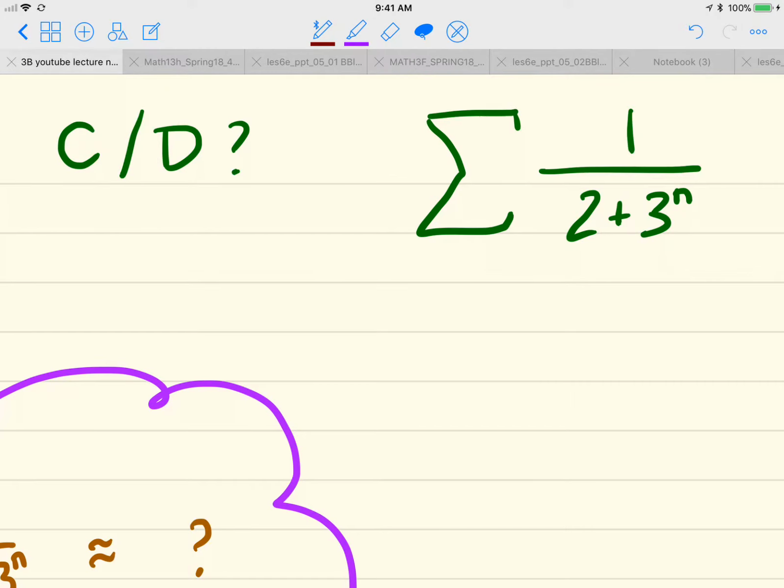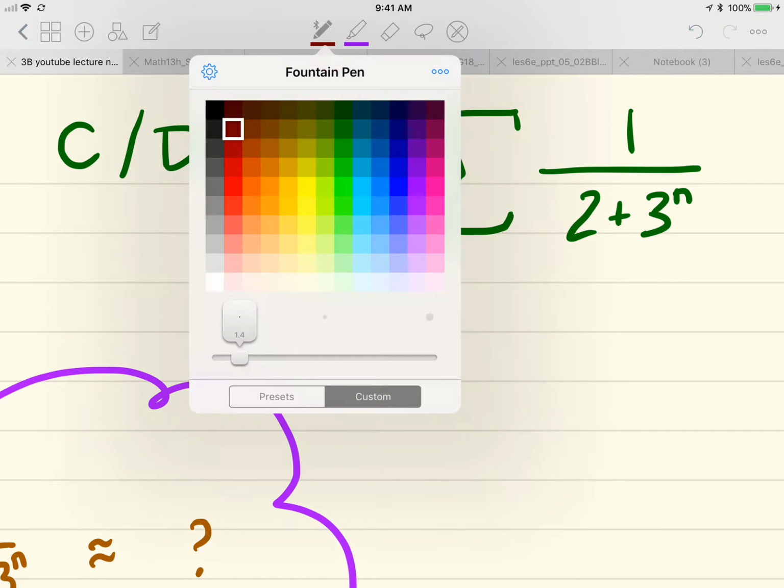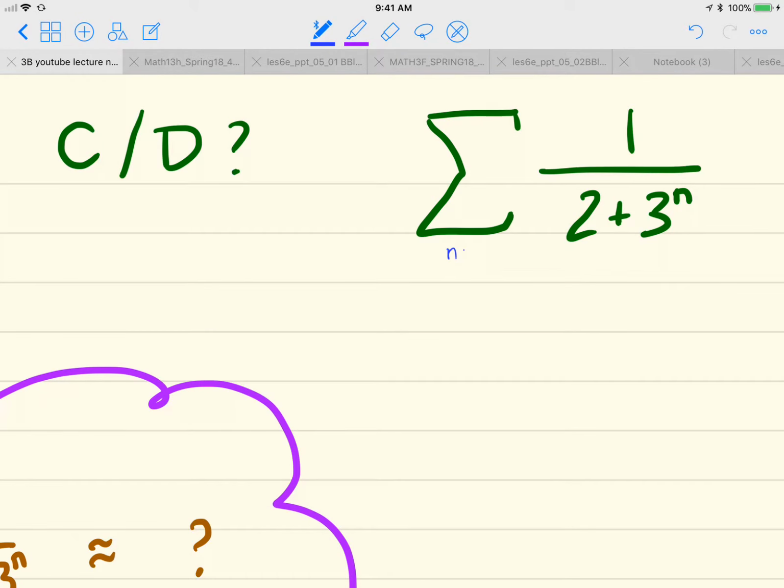Okay, so we're looking at our first example here, and we want to determine if the series converges or diverges. First, I want to make a comment. I want to remark that I'm not telling you n starts at 1 to infinity or n equals 2 to infinity.